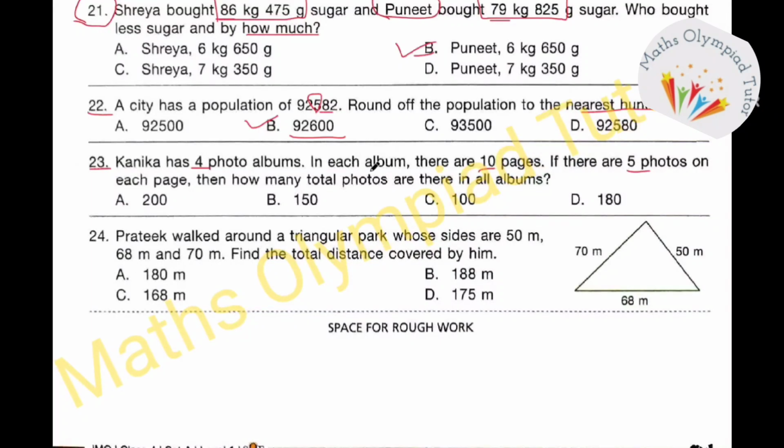So total pages would be 10 plus 10 plus 10 plus 10, that is 40. 40 are pages and 5 photos on each page. Every page has 5 photos. So total photos would be 40 into 5, that is 200, which is option A here. We will select this.